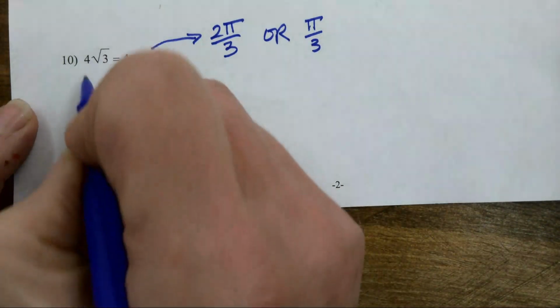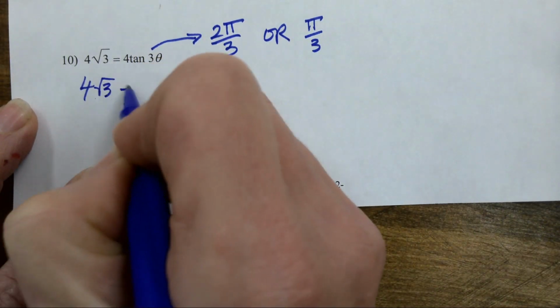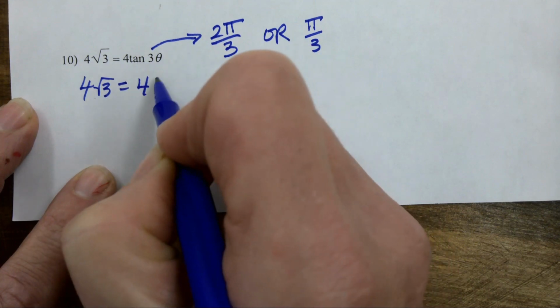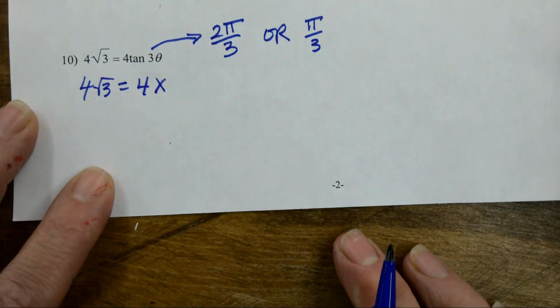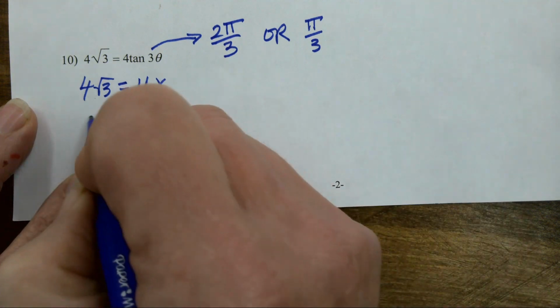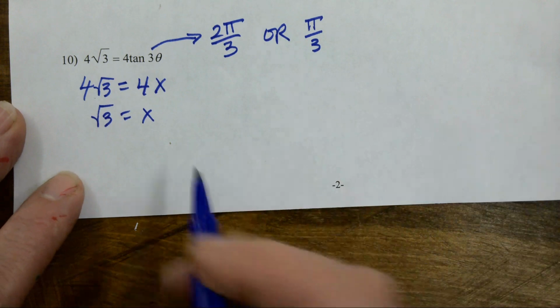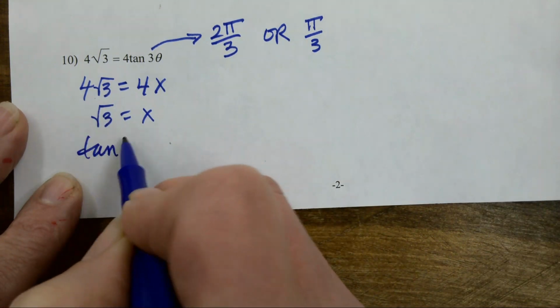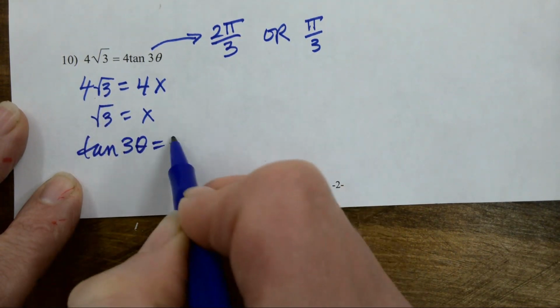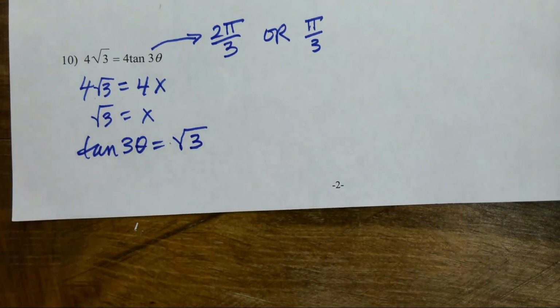Okay, so this is 4 times the square root of 3 equals 4x. Get x alone, what do I do? Square root of 3 equals x, except I'm not solving for x, I'm solving for the tangent of 3 theta. When does the tangent equal the square root of 3?